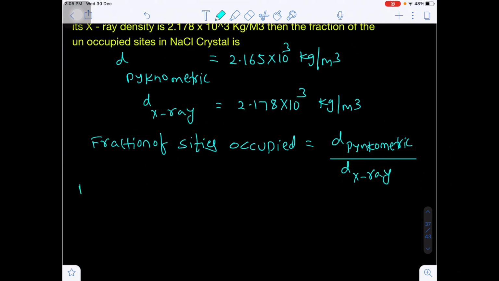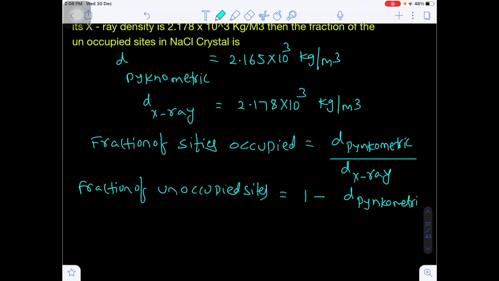Okay, now the fraction of unoccupied sites will be equal to 1 minus occupied sites, which is 1 minus density pycnometric divided by density X-ray.